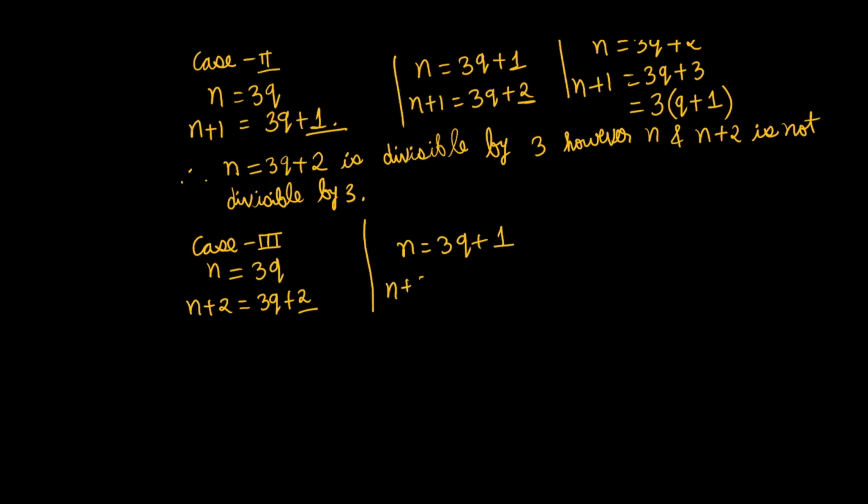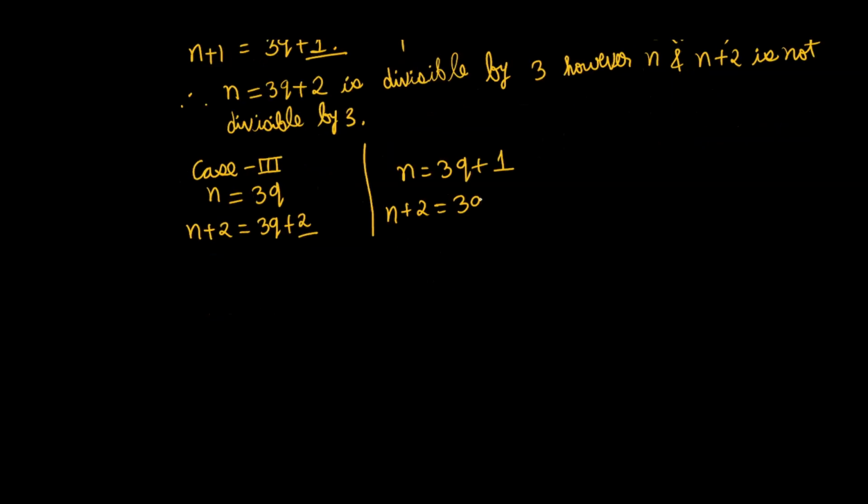So n plus 2 is equal to 3q plus 1 plus 2. So 3q plus 3. So 3 will be common, so q plus 1. So it is divisible by 3.